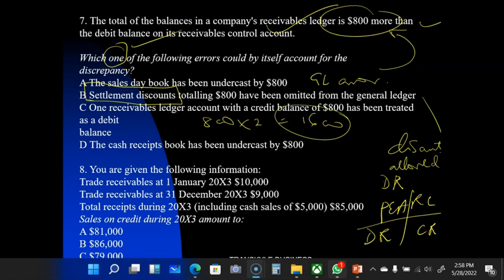The cash receipts book has been undercast by $800, which means that when we were adding up the cash receipts book, we made an error. We undercast by $800. So the impact is this: let's say a receivable is paid money.